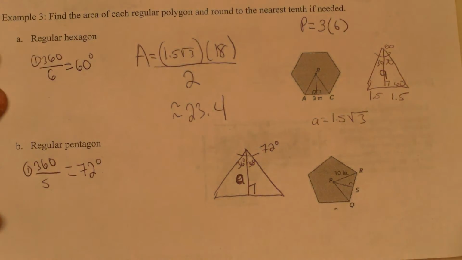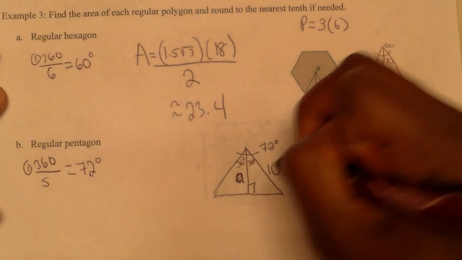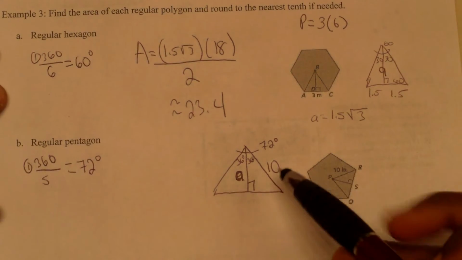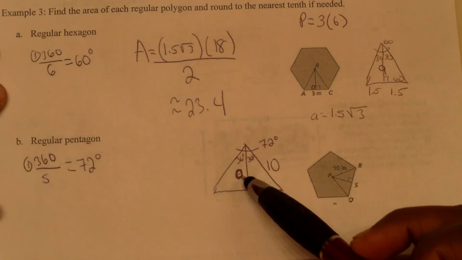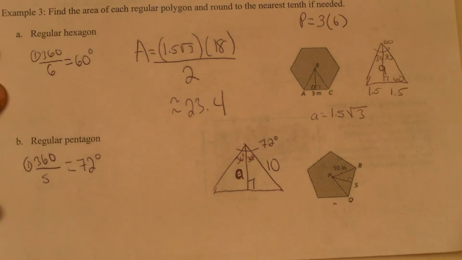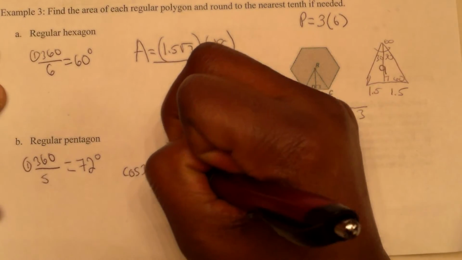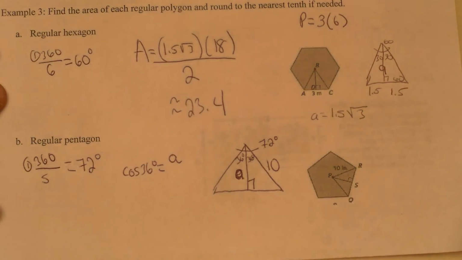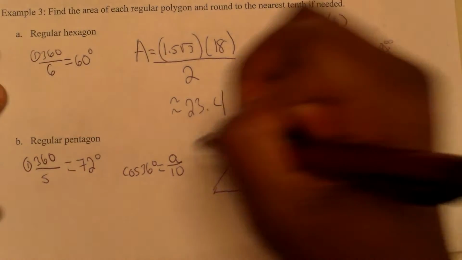And so how are we going to find our apothem? Hopefully you said it. We're going to have to use our, I forgot to name that trick. So we're given the hypotenuse and we're trying to find the adjacent side. So that tells us we're going to have to do the cosine of 36 degrees equals adjacent, which is also A for apothem, over the hypotenuse.